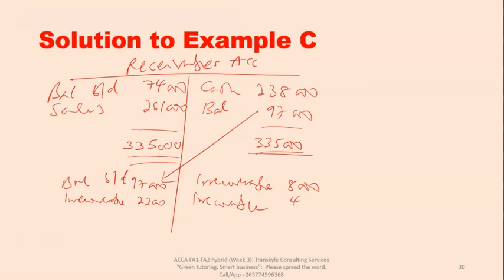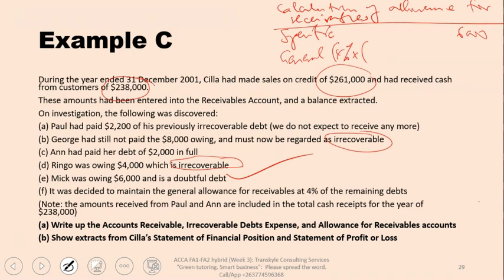Irrecoverable 4,000. So we do the same. We'll just add up because there are no other entries there.